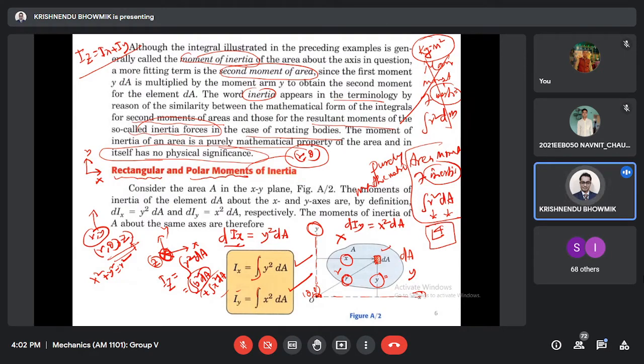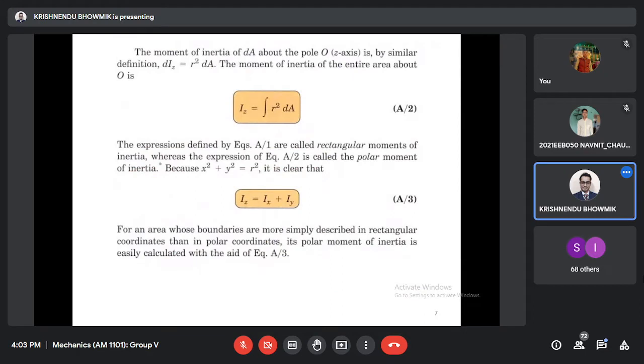As r square equals x square plus y square, Iz equals the integration of y square dA plus the integration of x square dA, that is Ix plus Iy. Some books write this as J, the polar moment of inertia, that is Ix plus Iy.